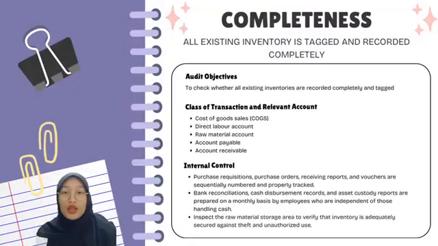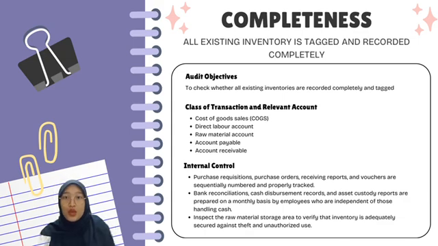Moving to this slide, we dive into the core of the completeness assertion. Our primary audit objective is to confirm that all existing inventory is not only counted but also comprehensively recorded, leaving no omission. To achieve this, we will review the classes of transactions and relevant accounts, such as cost of goods sold and raw material accounts.